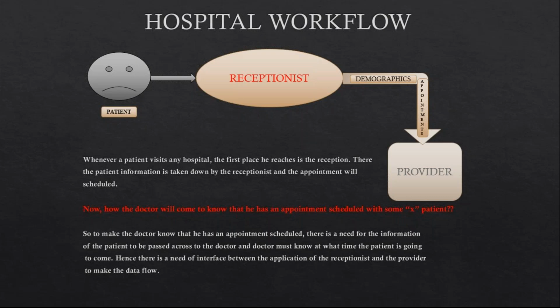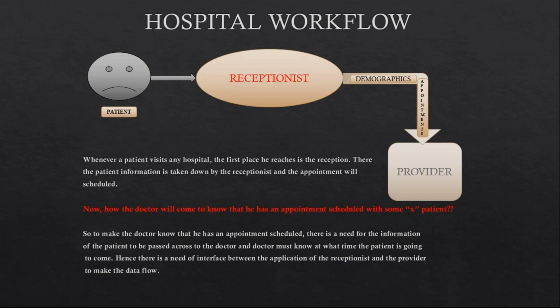This data, which is captured at the front end by the receptionist, is called demographic data, which includes the patient's name, date of birth, gender, SSN, address, insurance information, and all of these things.